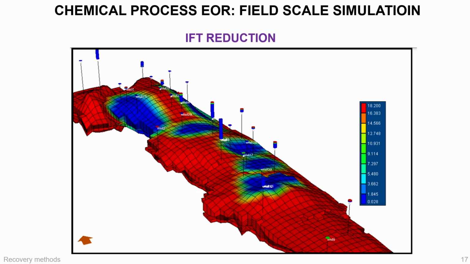So when interpreting EOR, we must always think at two scales: the pore scale, where trapped oil becomes mobile, and the reservoir scale, where sweep efficiency determines how much of the reservoir is contacted.